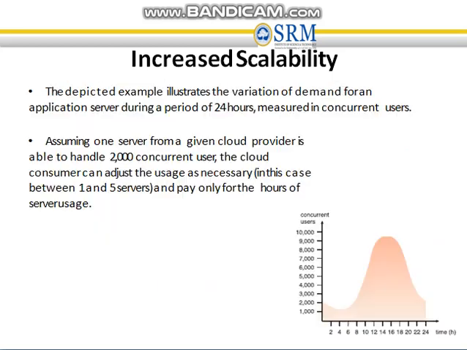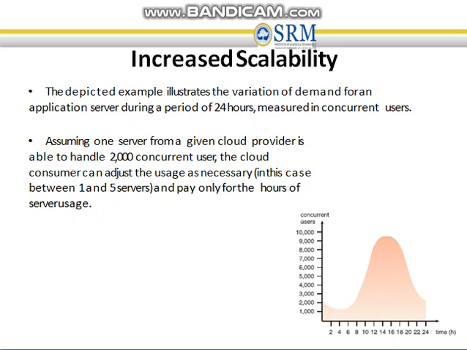This increased scalability can be illustrated by this diagram, plotted between time and concurrent users. The variation of demand for an application server during 24 hours is captured and plotted across the concurrent users.